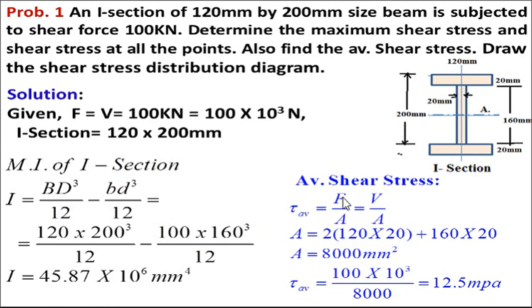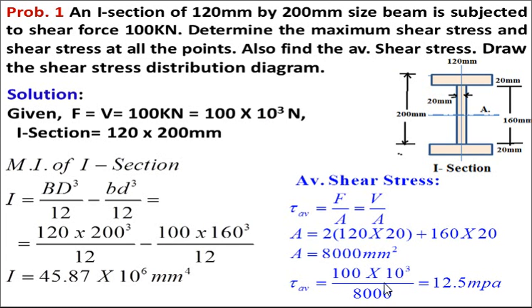After that, they have asked us to calculate the maximum shear stress and shear stress at all the points. Initially we will find the average shear stress. As you know, shear stress tau equals force upon area, or V upon A. The force given is 100 into 10 to power 3.